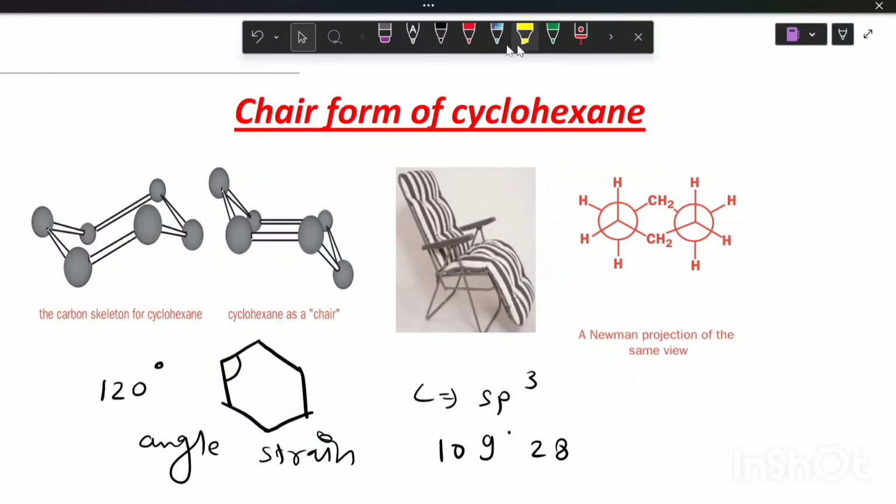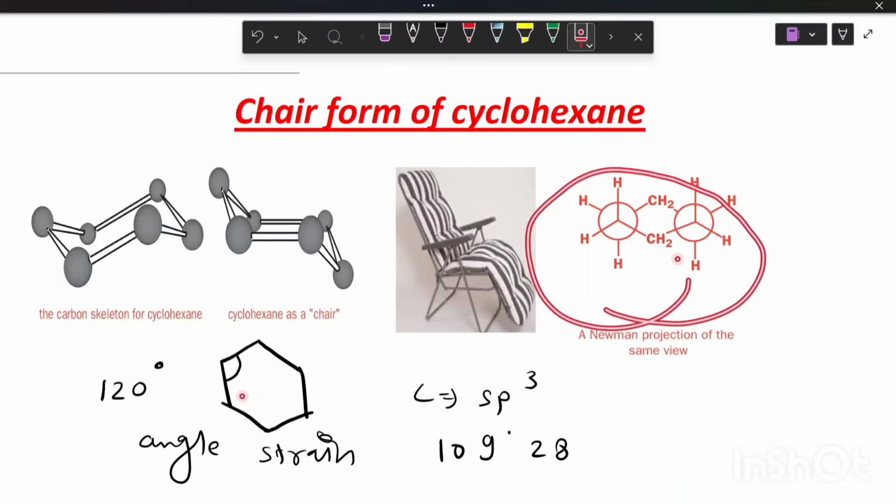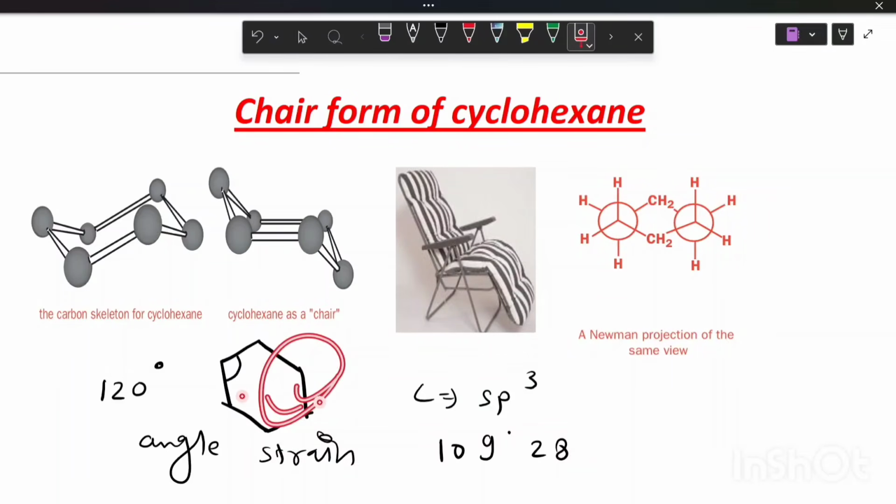Another reason, if it would exist in this form and we draw its Newman projection, see, I have drawn one Newman projection here in this diagram. This Newman projection is in staggered form, okay? But if you draw the Newman projection for this cyclohexane in the planar way, it will come out to be eclipsed form, which is again a very unstable form.